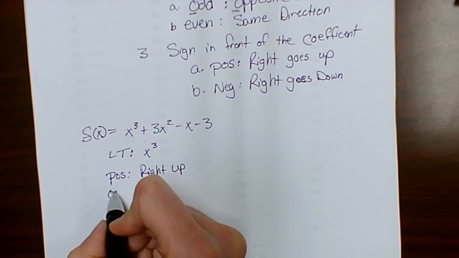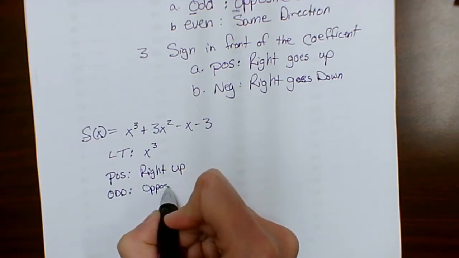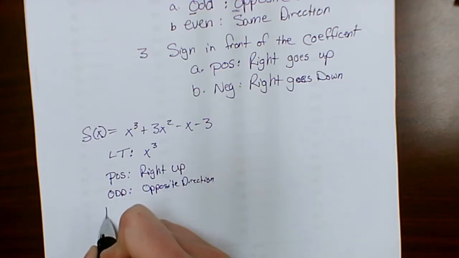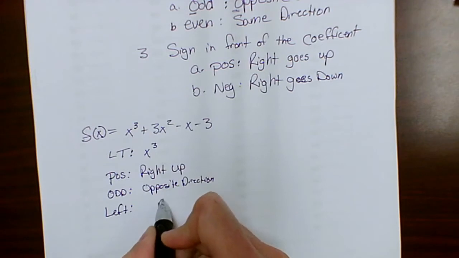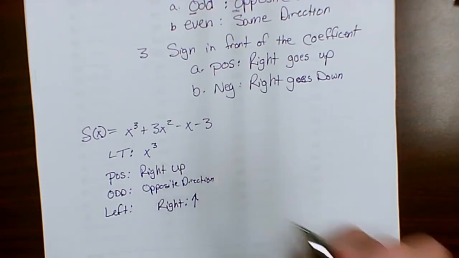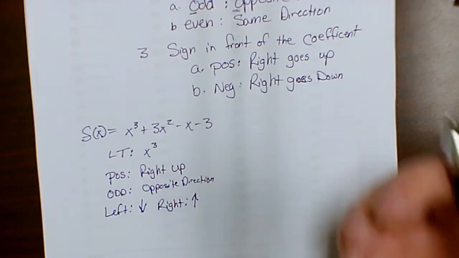We have an odd exponent, so we will have opposite directions. Between our left and our right side, the right is going to go up, so then our left is going to go down because they're opposite of each other.